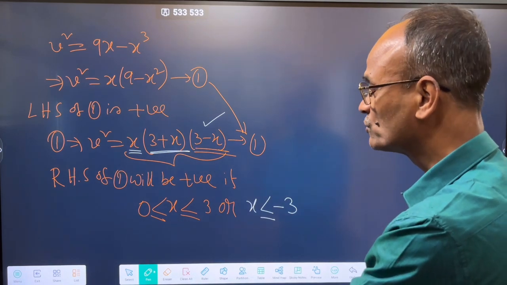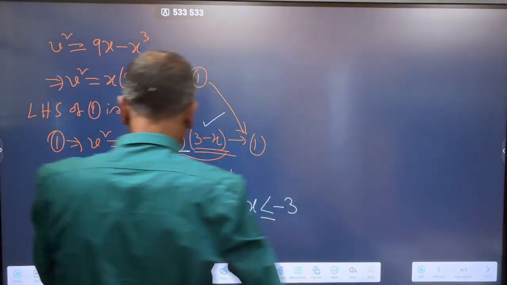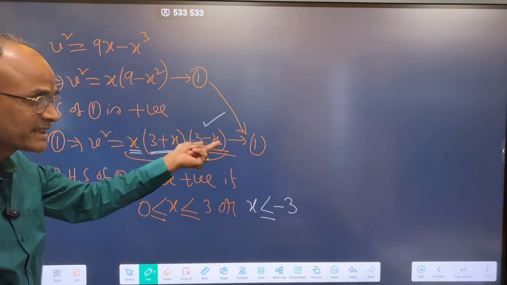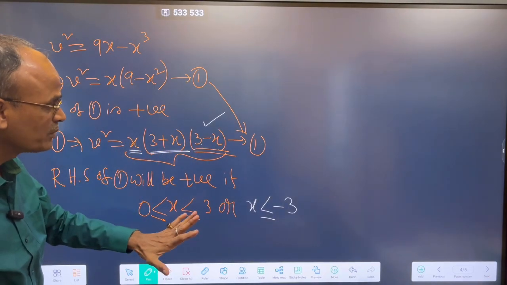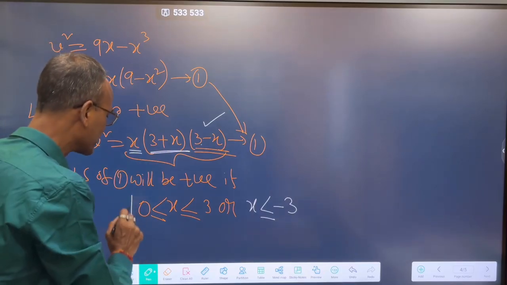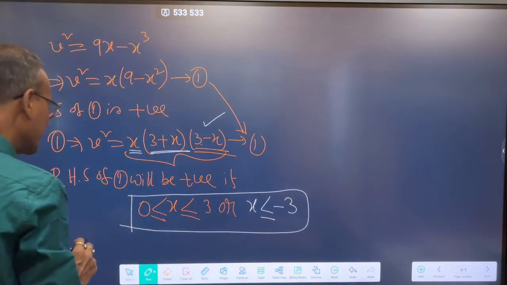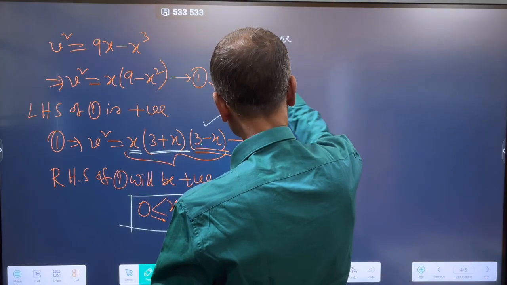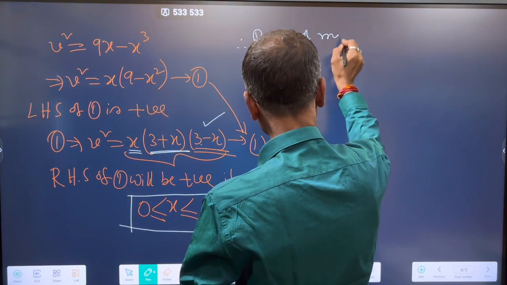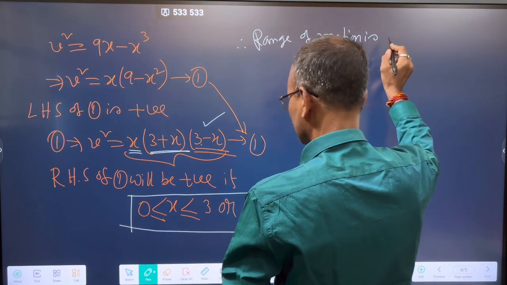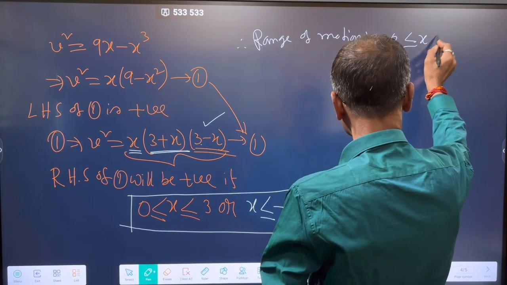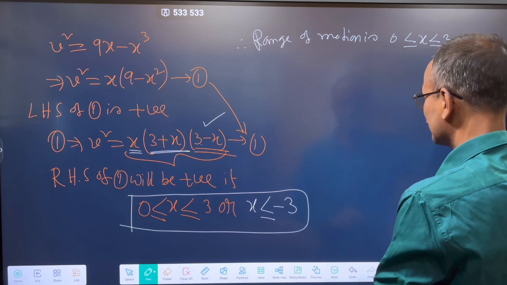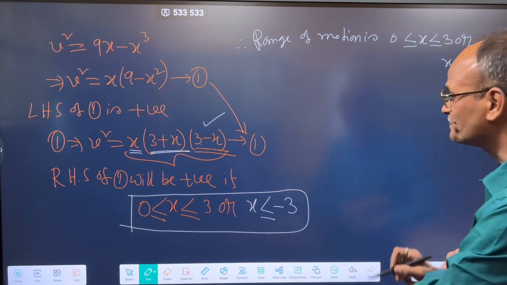Put -5: minus, and this will be plus, and the product will be plus. Therefore, the range of motion is this or this. Therefore, the range of motion is either 0 is less than or equal to x, less than or equal to 3, or x is less than or equal to -3.